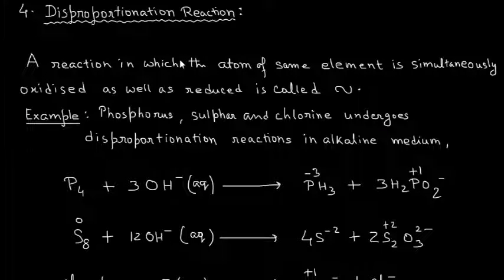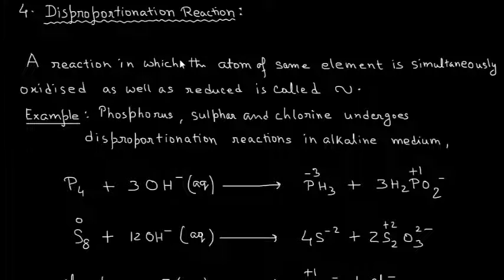Now, the fourth type of redox reaction is the disproportionation reaction, a reaction in which atoms of the same element are simultaneously oxidized as well as reduced.